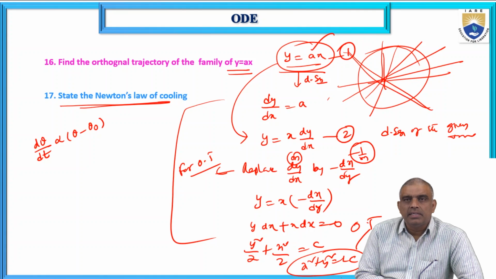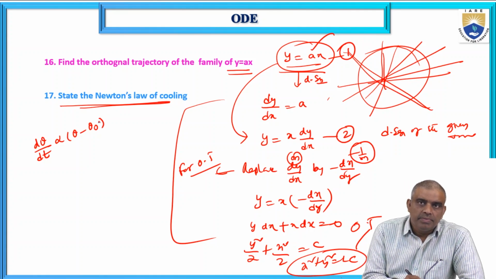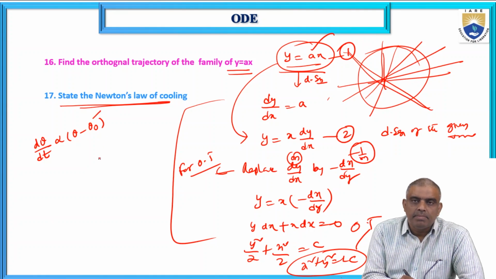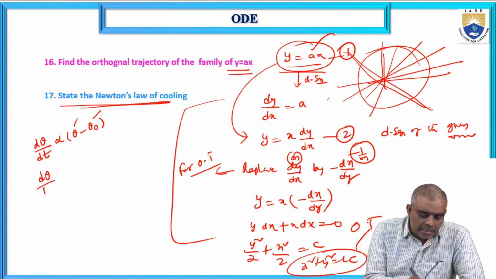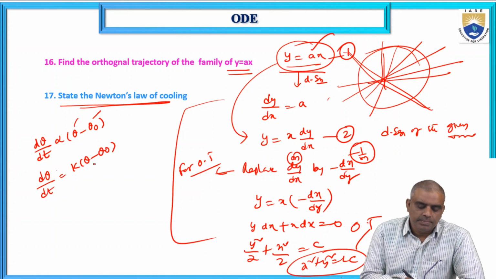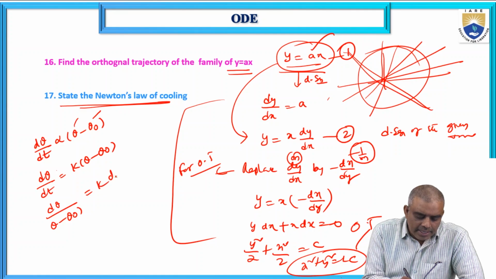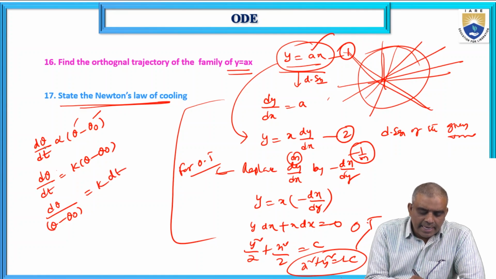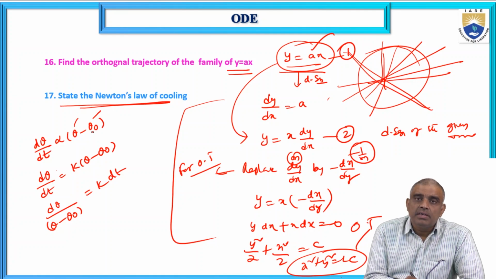The rate of change of temperature of the body is proportional to theta minus theta naught, where theta naught is the surrounding medium temperature and theta is the temperature of the body at any time. Or d theta by dt is equal to some k into theta minus theta naught. Or d theta by theta minus theta naught is equal to k into dt. The rate of change of temperature of the body is proportional to the difference of the temperature of the body and that of the surrounding medium.